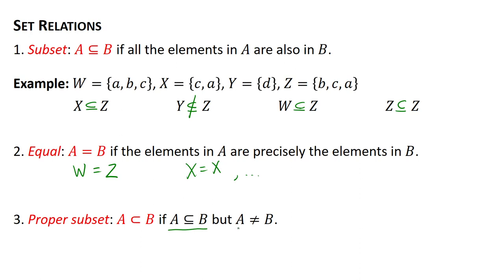But, number two requirement, A should not be equal to B. In other words, everything in A is in B also, but they are not allowed to be equal. In other words, B has at least one more element. Everything in A should be in B. Earlier, they could be equal, that was okay. But this time, B should have at least one extra element. They should not be equal. That's why it's proper, it's really contained.